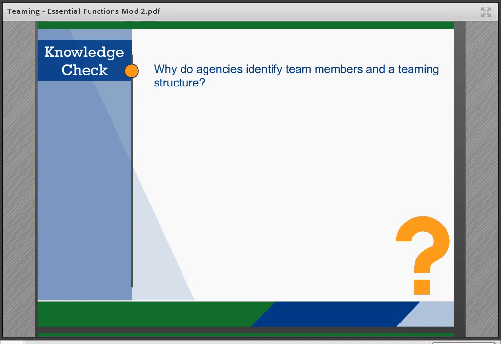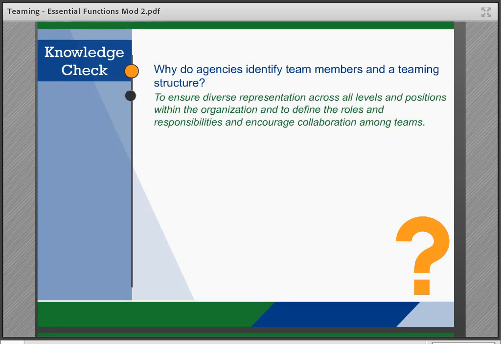Why do agencies identify team members and a teaming structure? To ensure diverse representation across all levels and positions within the organization, and to define the roles and responsibilities, as well as encourage collaboration among teams.